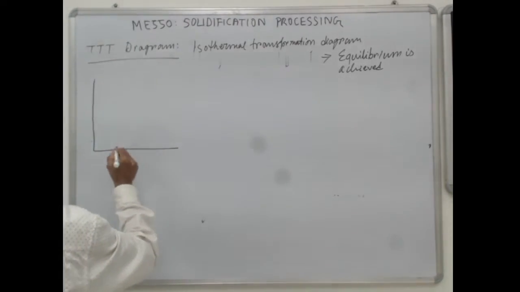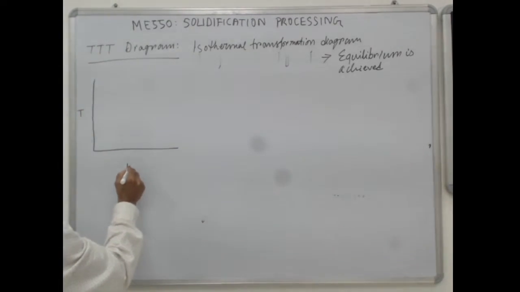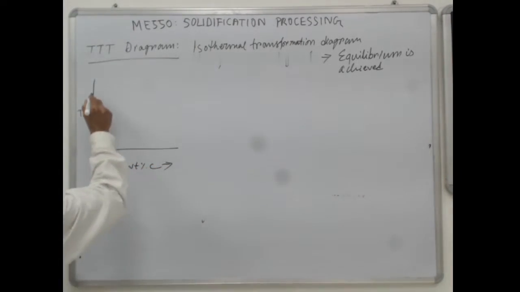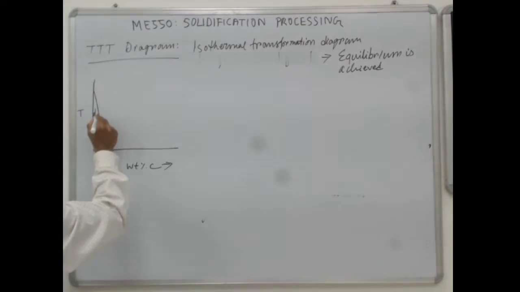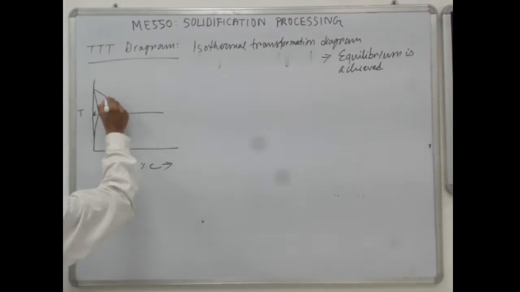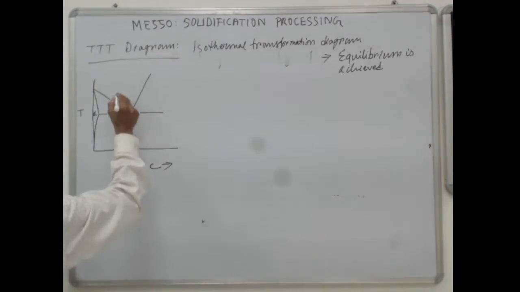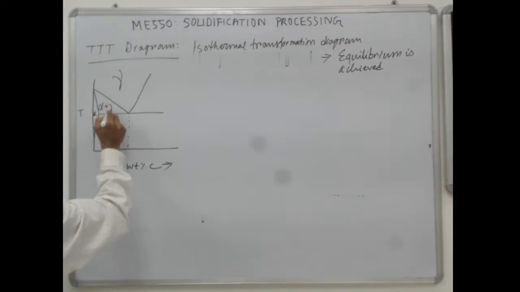So anyway, if you want to understand the TTT diagram, suppose here I just draw a part of the iron carbon phase diagram. So this is temperature and this is weight percentage of carbon. So you have the alpha ferrite region, and then you have this gamma austenite, then alpha plus gamma.